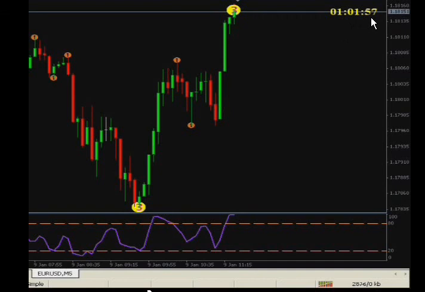There's the timer. I added it. Getting close to the next candle. We'll see where it goes.